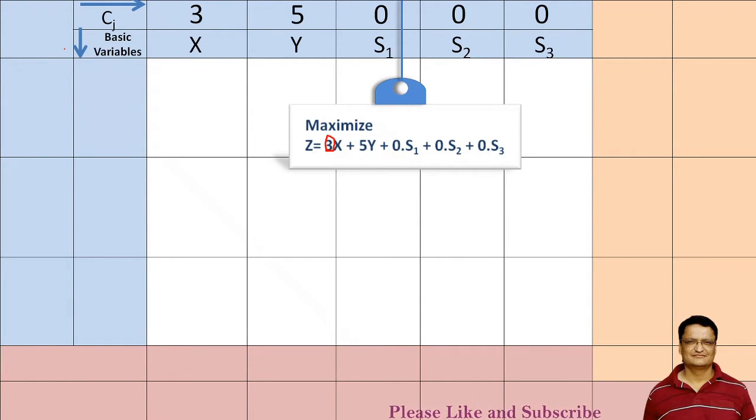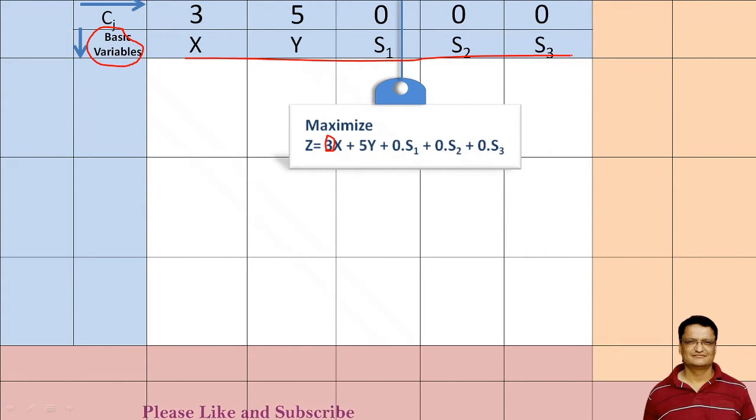Now we need to understand what exactly is meant by basic variables. In this simplex table, the basic variables represent those variables, out of these 5 variables, which are currently there in the solution.